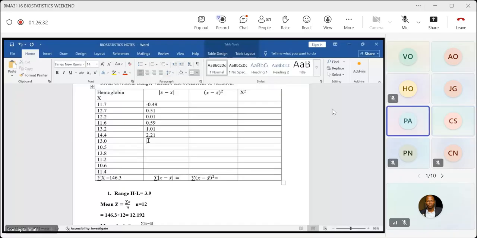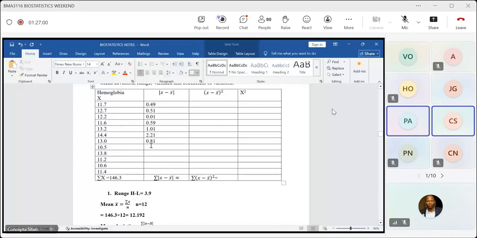By the way, I have put the bars, so it's absolute. 13.0 minus 12.192 is 0.81.